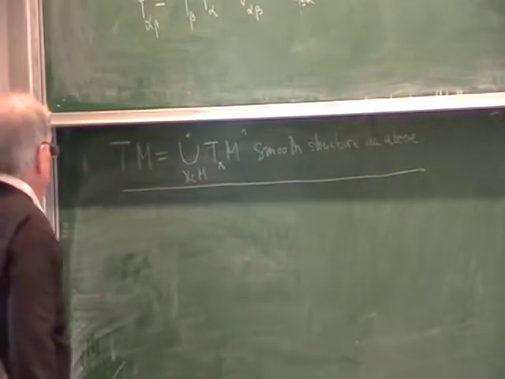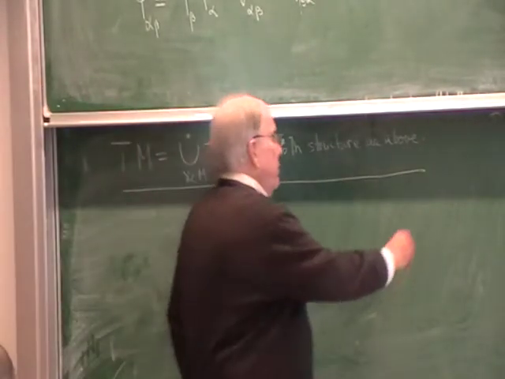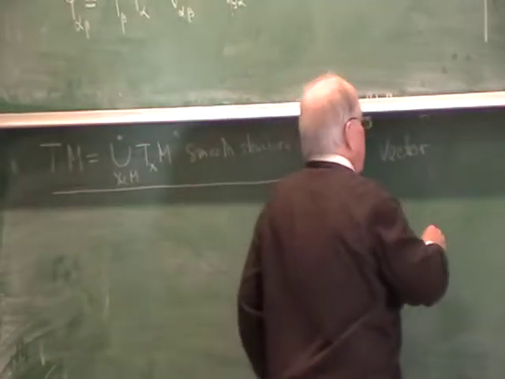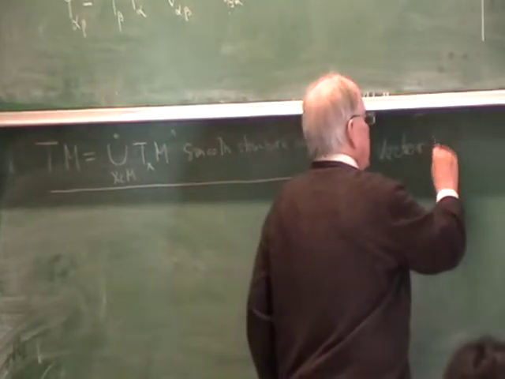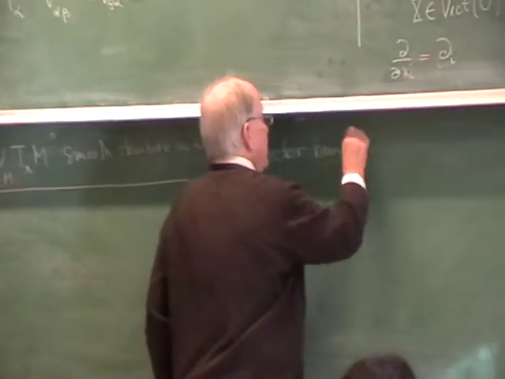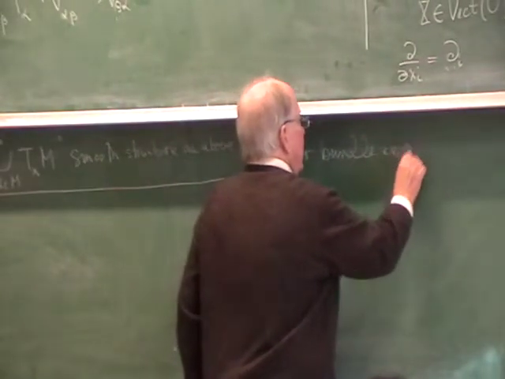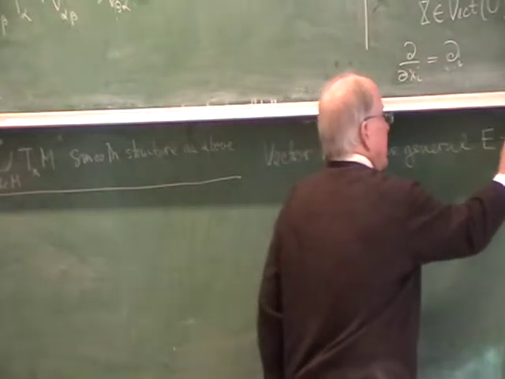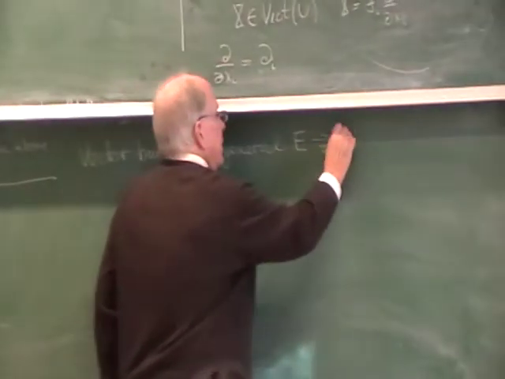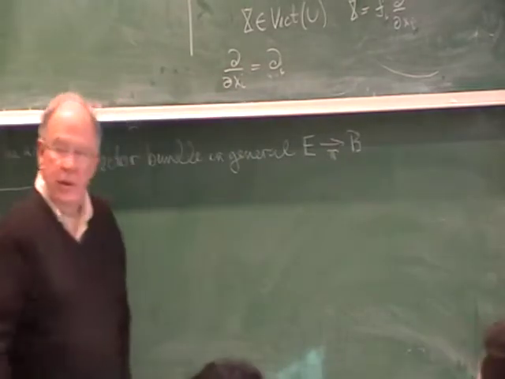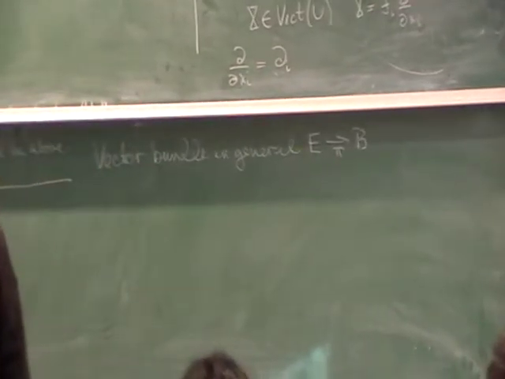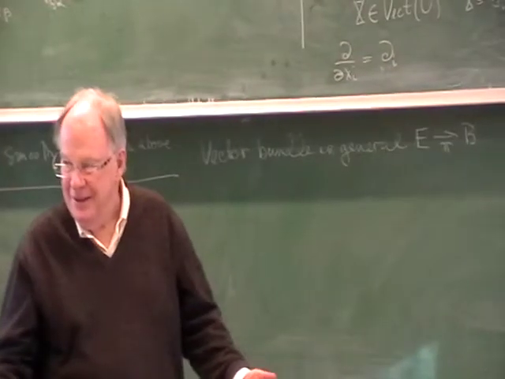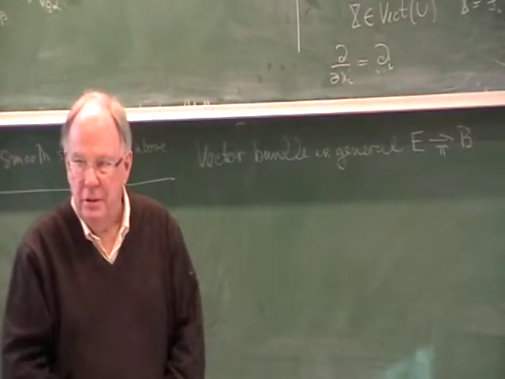And a vector bundle in general is just, and I'll repeat exactly what I just said to you. You think of your favorite tangent bundle if you like, but there is a covering of the base.